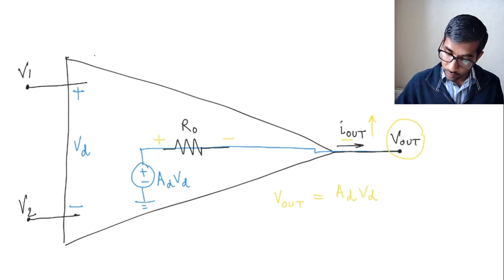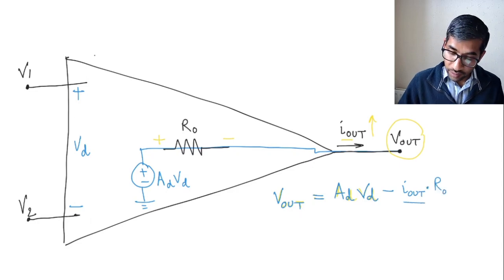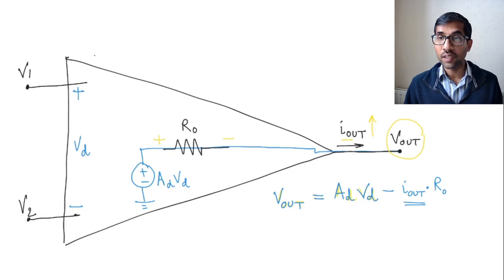So V out is going to be equal to AD times VD minus I out times RO. So as this I out increases, what happens to V out? V out decreases, right?